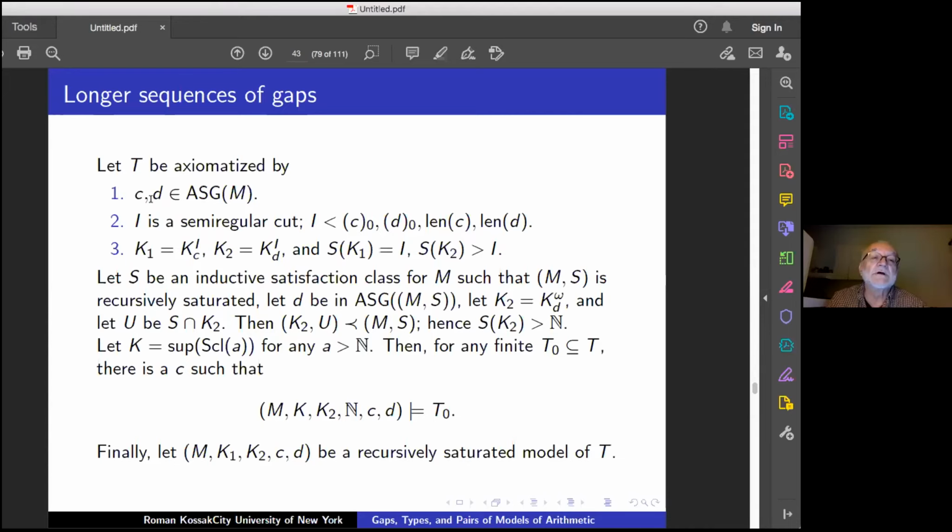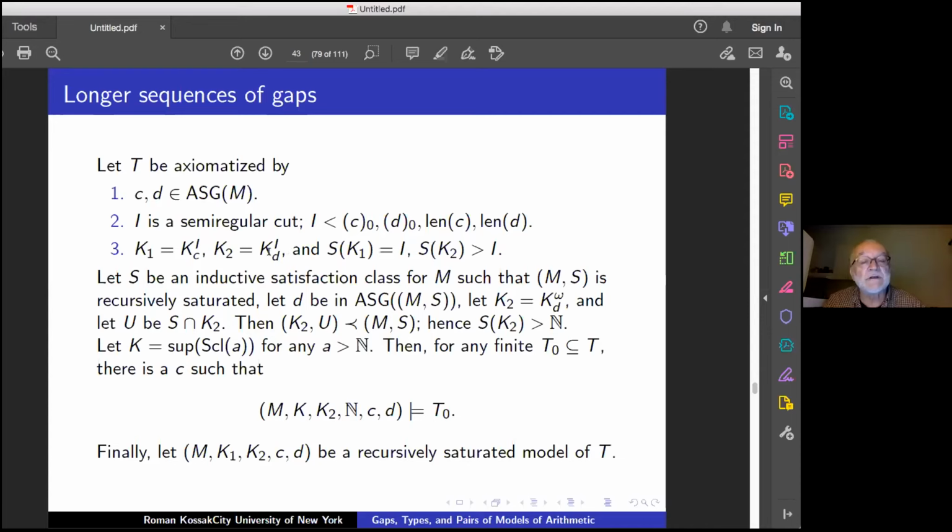What's missing here is I, which is a typo, but it's somehow covered by the second line. So c and d code ascending sequences of gaps. I is a semi-regular cut. Both those sequences are above I, and their length at least covers I.